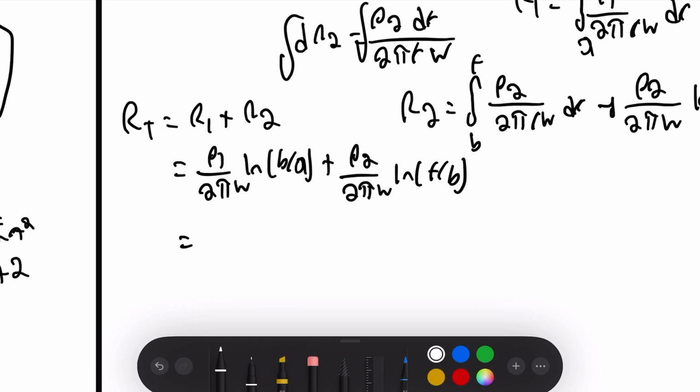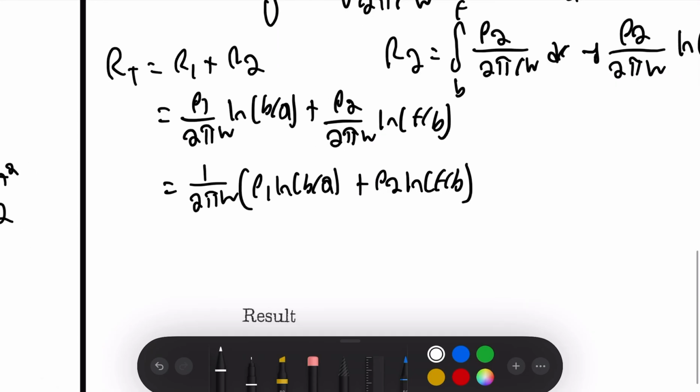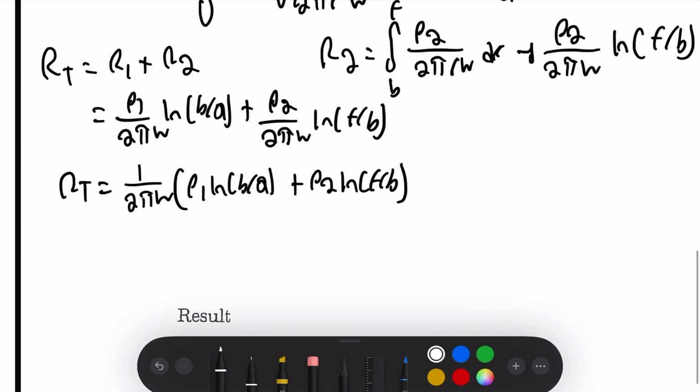So I can have 1 over 2 pi W times rho 1 ln of B over A plus rho 2 ln of F over B. This is my total resistance.